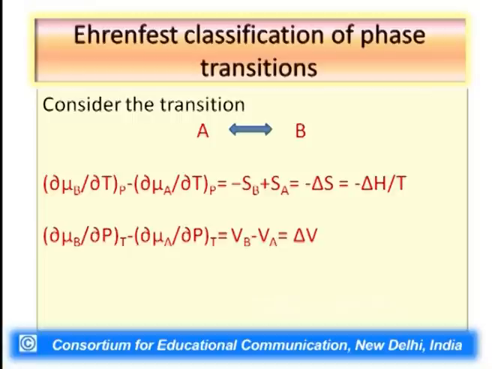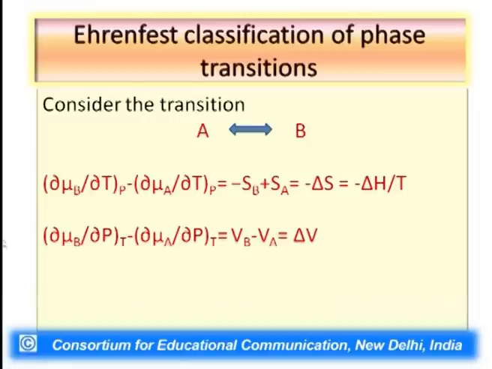The entropy change becomes negative when the opposite occurs, that is, gas transforms to liquid or liquid transforms to solid.